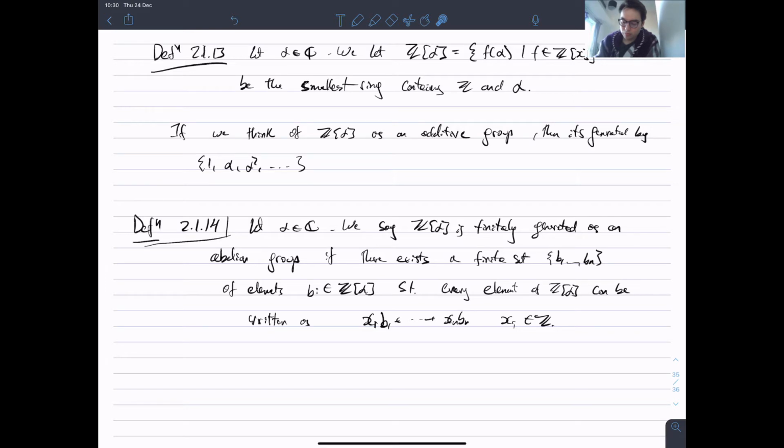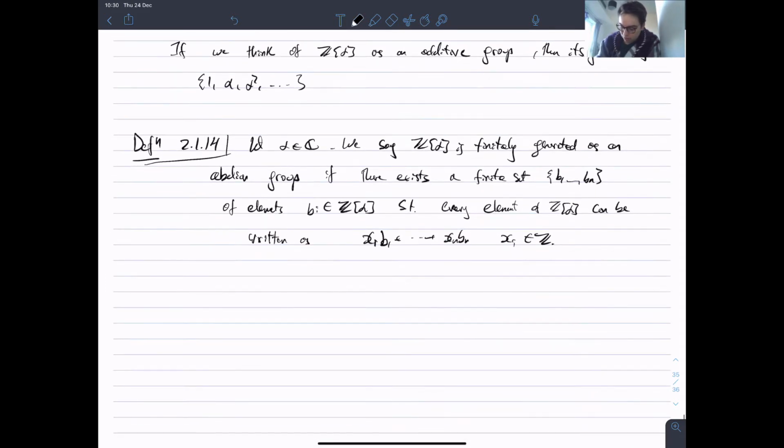It's as an additive abelian group. So here's the theorem that's going to be useful for proving that algebraic integers form a ring. It's a bit technical, but quite useful. Theorem 2.15 says the following. Let alpha be some complex number.